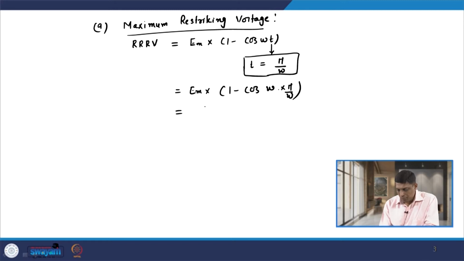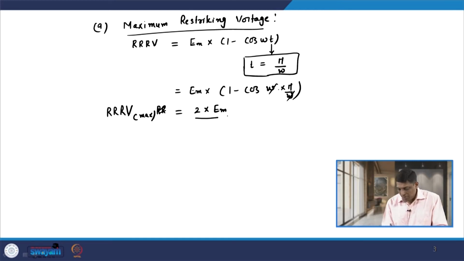So omega gets cancelled, and 1 minus cos pi is 1 minus minus 1, that is 2 times EM. That is your RRRV maximum value.